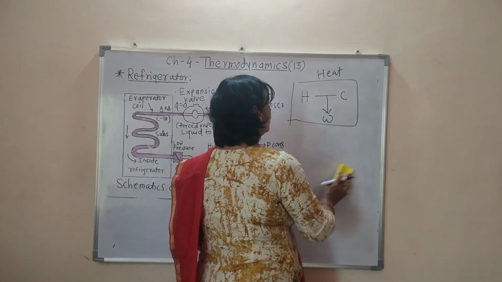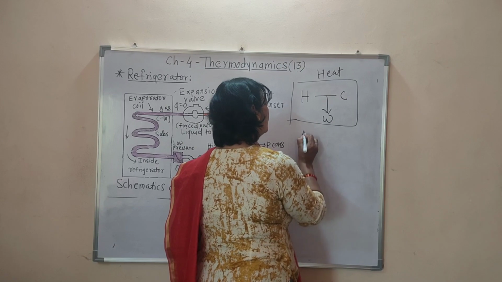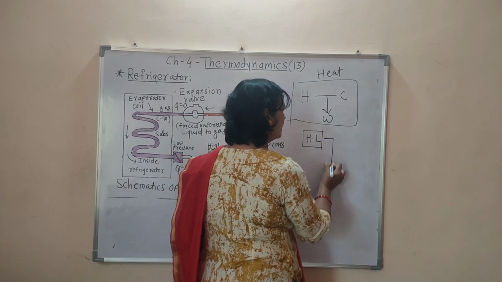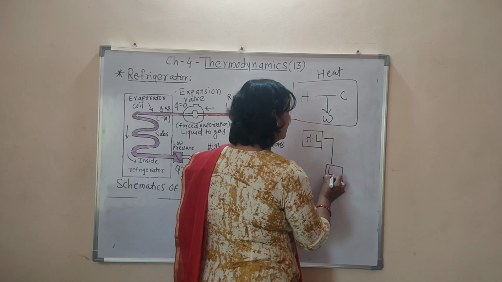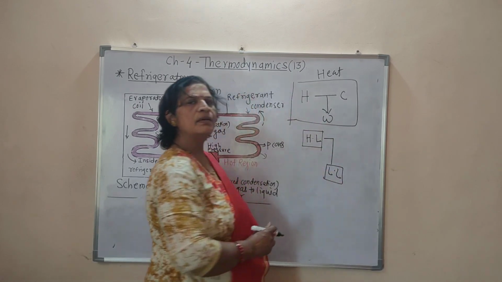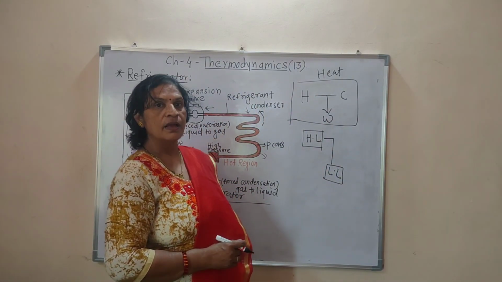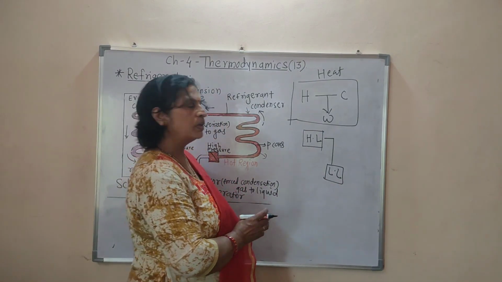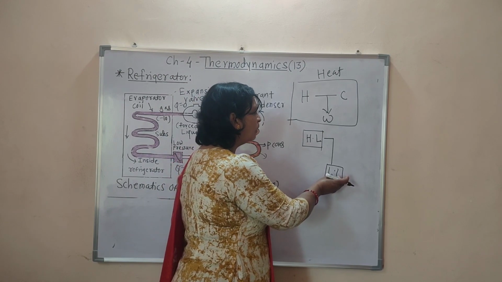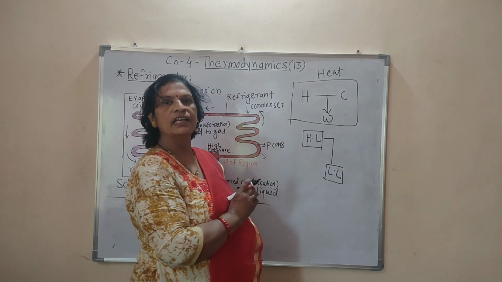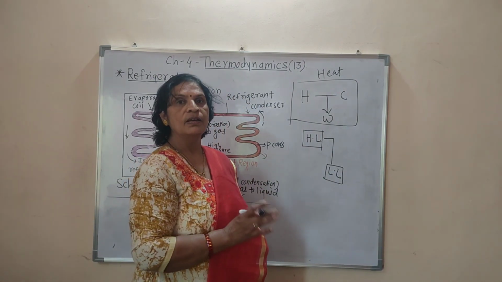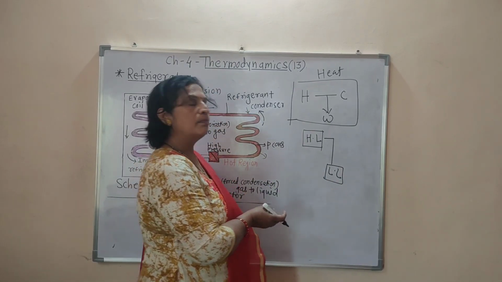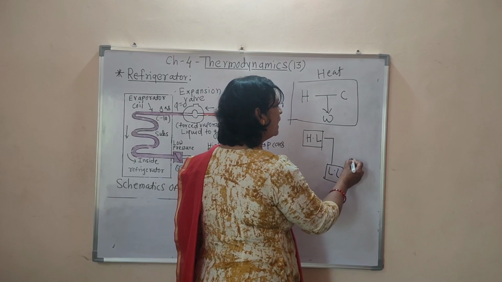Suppose water is present at a higher level and we have to transfer this water from the higher level to a lower level. We can transfer it easily because that is a natural process. But if we have to reverse the flow of this water, meaning we have to transfer this water from a lower level to a higher level, it is not possible by itself. For that purpose we have to use a motor, and by using the motor we apply a force.